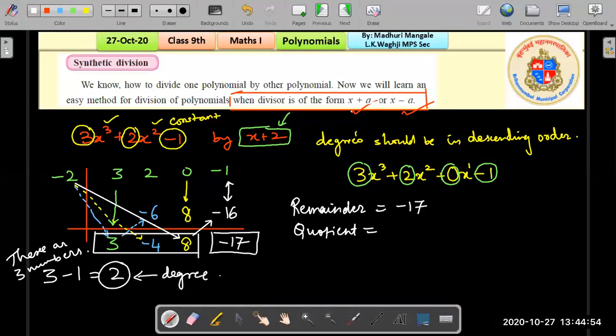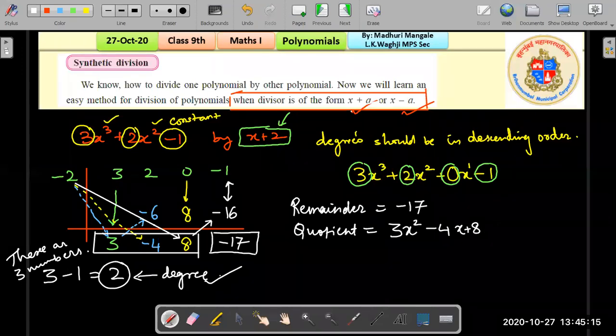So just apply the variables to all those 3 numbers. That is 3, minus 4, and 8, right? The degree is 2, so we put x squared over here and go on applying the degrees in descending order. So x squared, this will be x, and this is plus 8. Of course, the constant will not have any variable. That gives us the quotient, right?